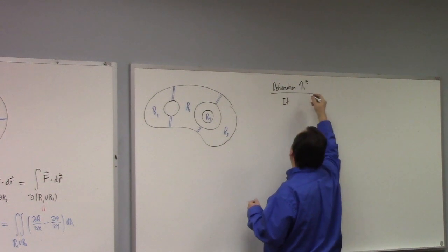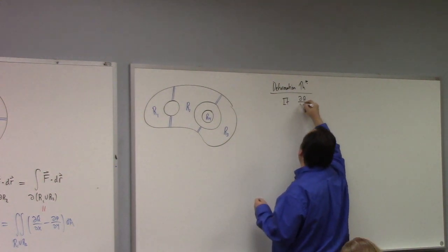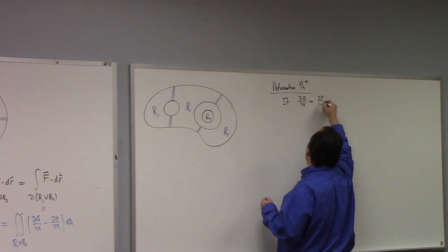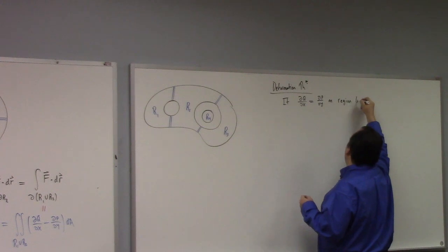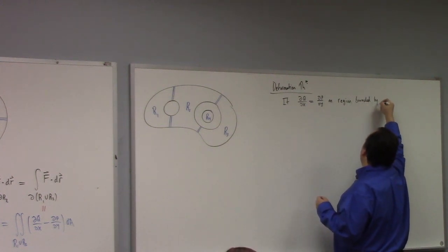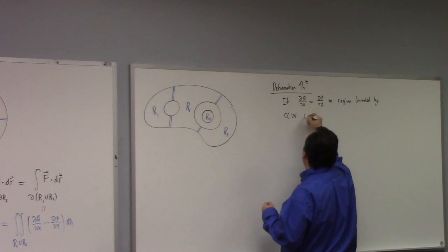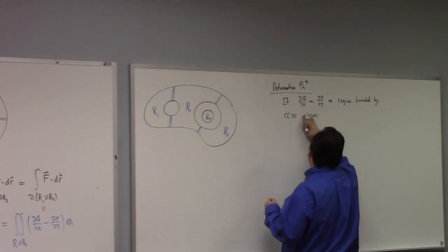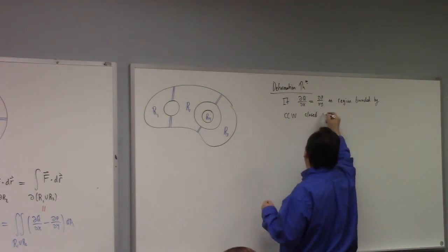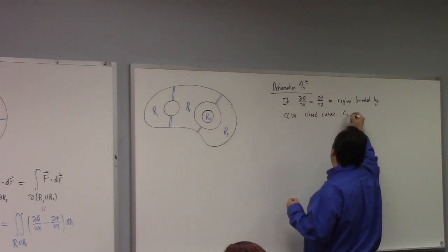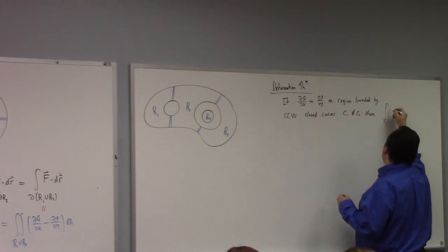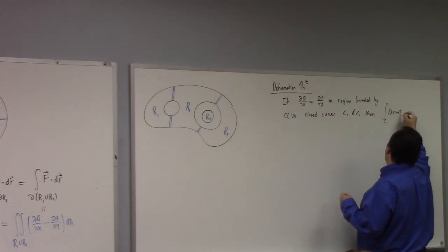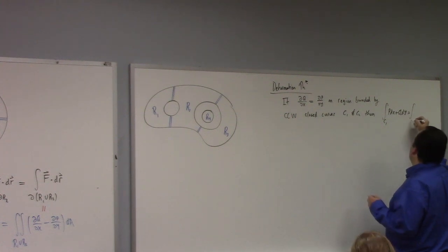If partial q partial x is equal to partial p partial y on a region bounded by counterclockwise closed curves C1 and C2, then the integral over C1 of p dx plus q dy is equal to the integral over C2 of p dx plus q dy.